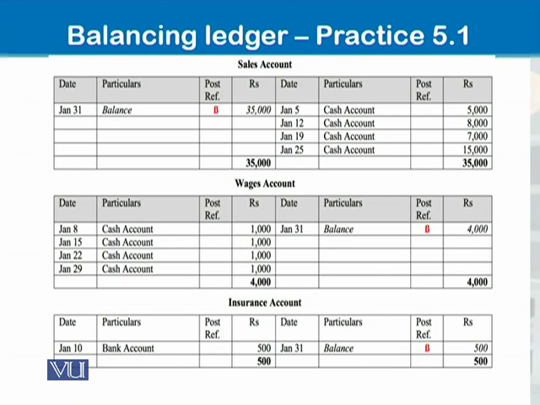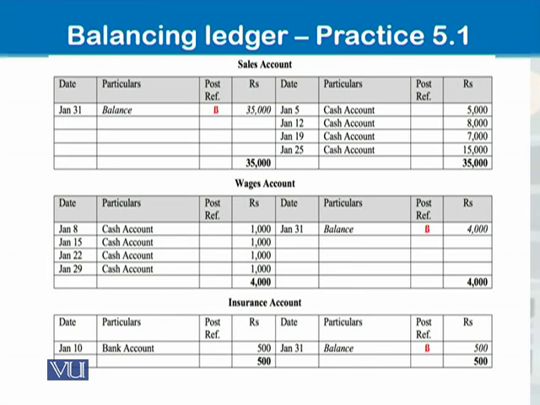Its credit side would always be heavier and its balance will be appearing in the debit side and would be named as credit balance. Wages are expense, debit in nature, and its balance will be appearing in the credit side and would be named as debit balance.